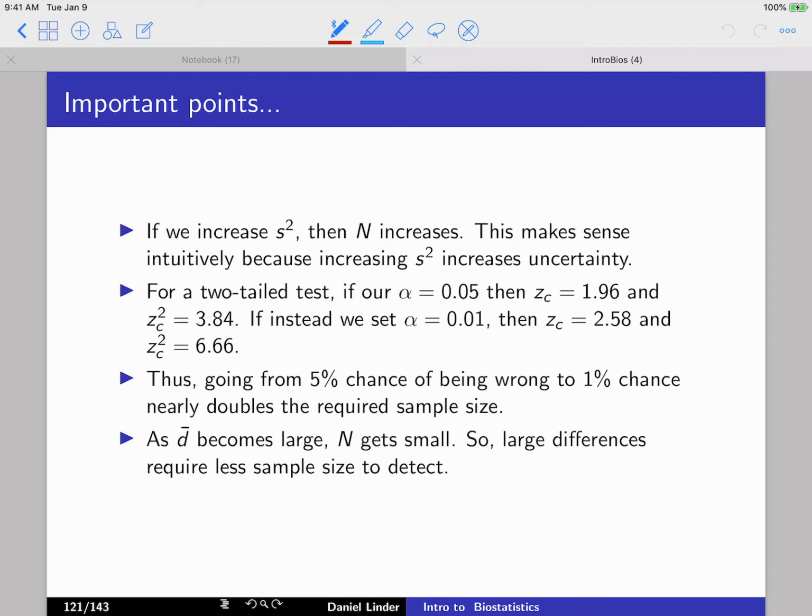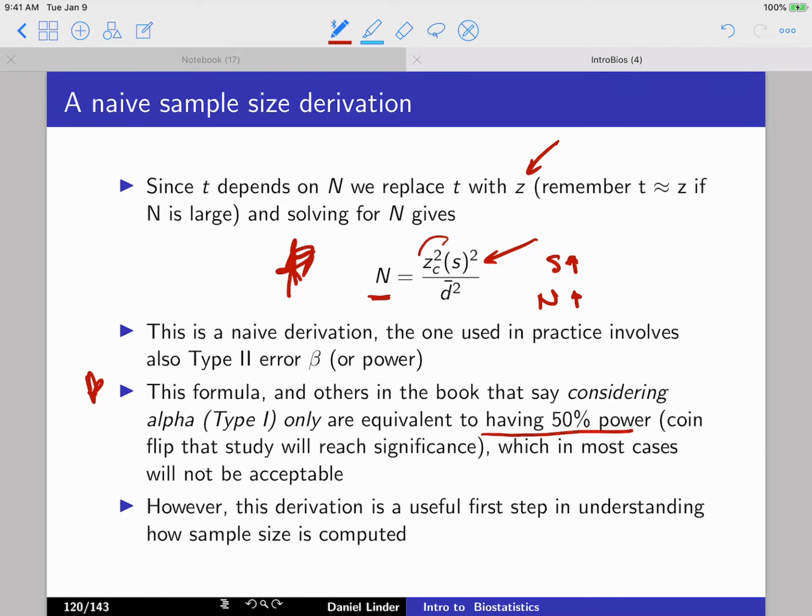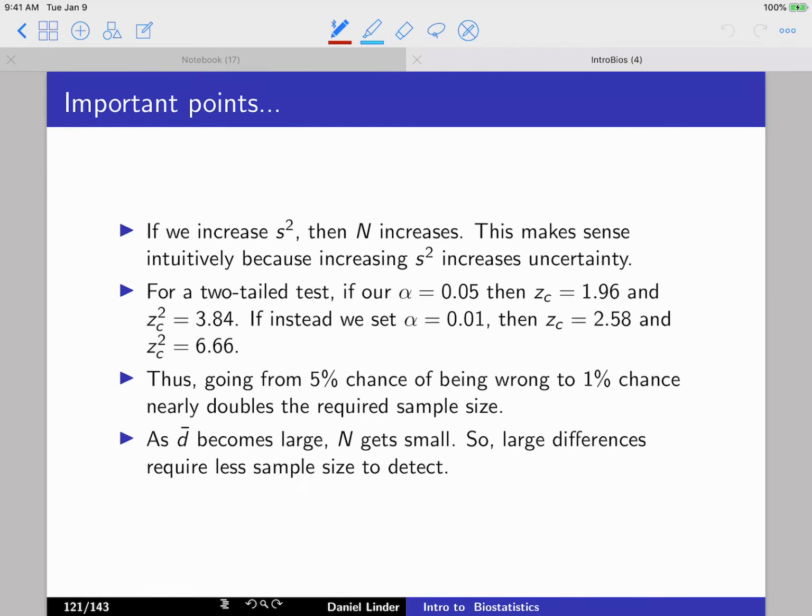And if we look at the formula for the sample size here, at these z quantiles, we can get an idea of what happens if we change our alpha level as well. If we change our probability of a type 1 error, so if it's 0.05, then the value that we should use for z sub c is 1.96.